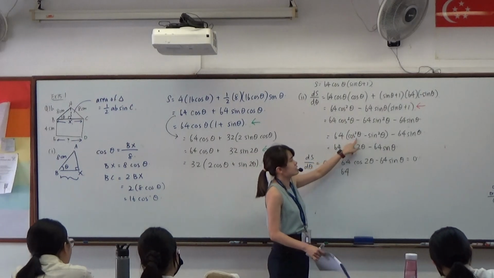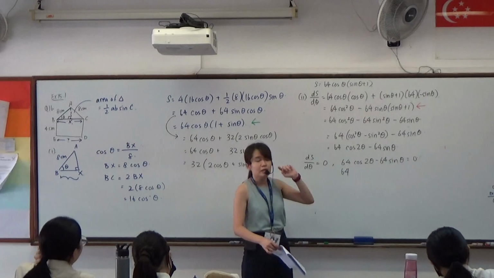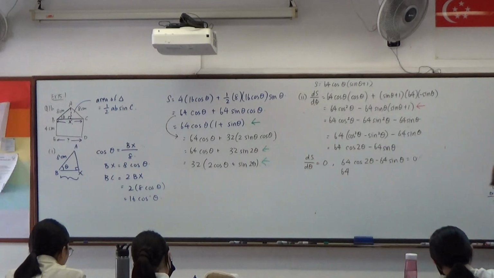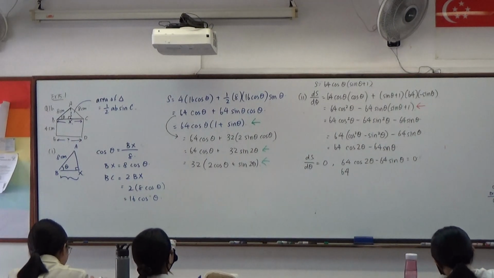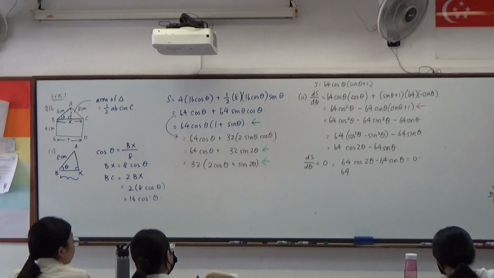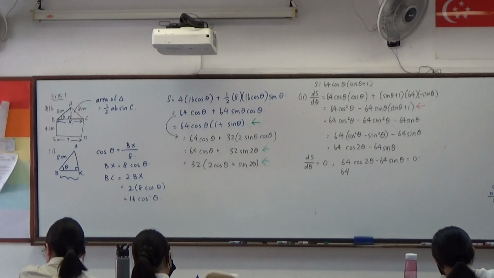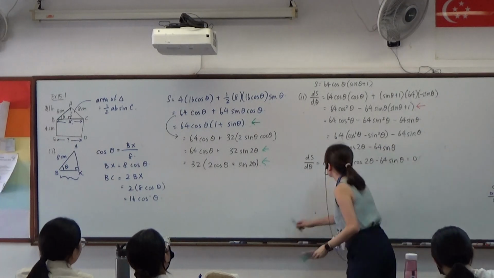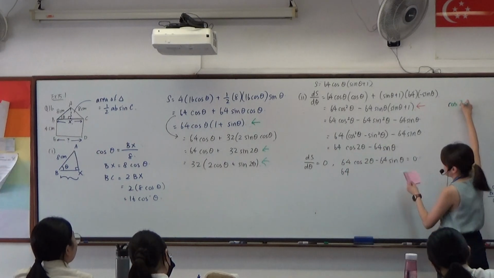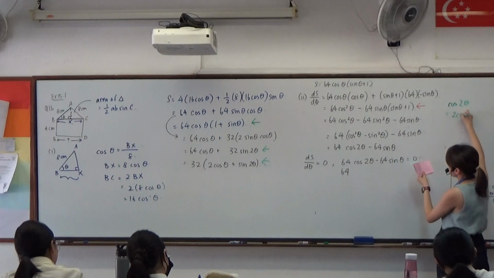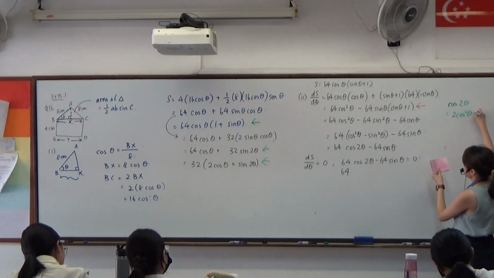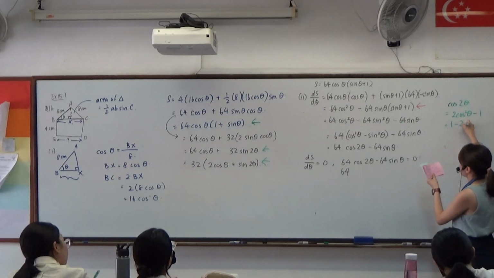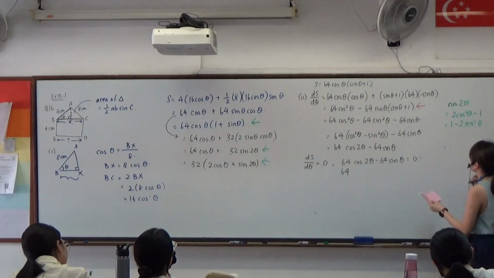First way is your cosine square minus sine square. The other 2, those are the ones I don't remember, so that's why I always refer to my formula. The other 2 would be your 2 cosine square theta minus 1 and your 1 minus 2 sine square theta.